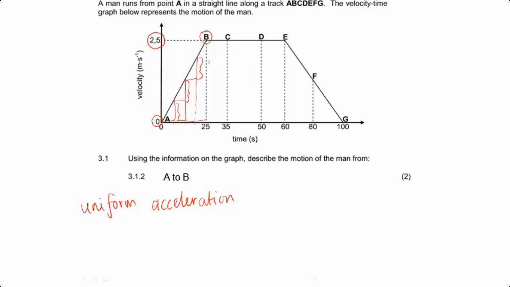The change in velocity per unit time is constant, because acceleration is the rate of change of velocity. And so velocity changes at a uniform rate in uniform acceleration. So we are busy describing the motion.